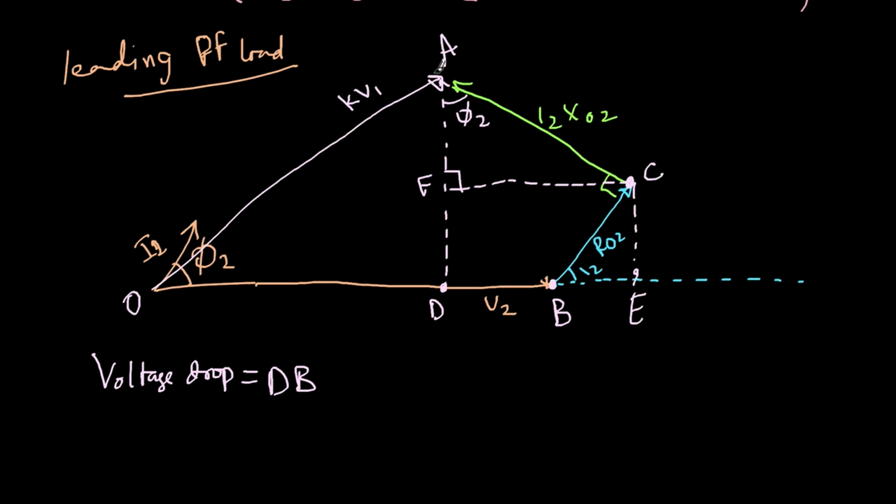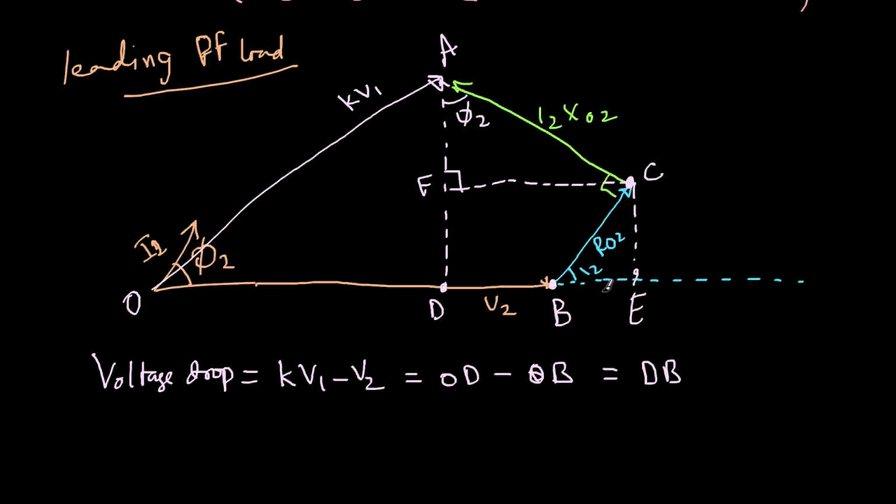Because the horizontal component is this one, voltage drop is actually K V1 minus V2. So that is nothing but OD minus OB. So OD minus OB is actually negative, which is nothing but dB. So it turns out that voltage drop is coming negative. It is possible depending on the load. So dB is what we want to find out.